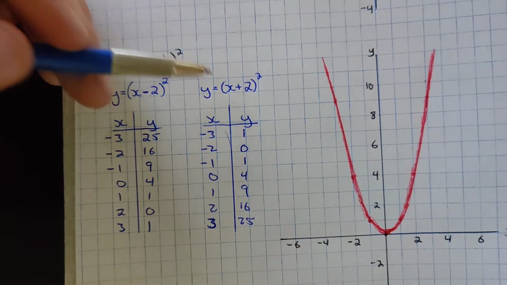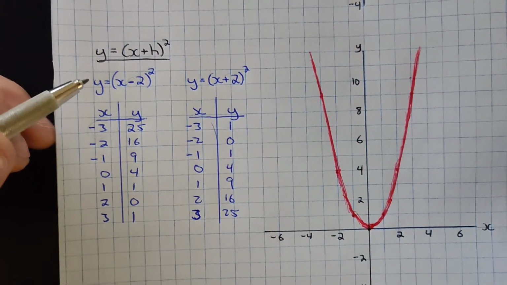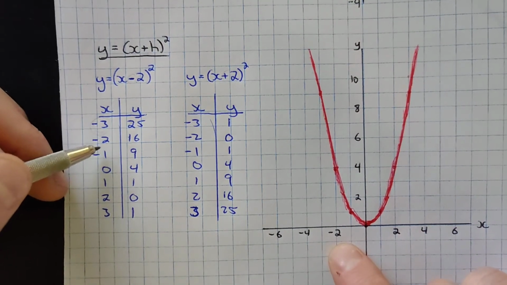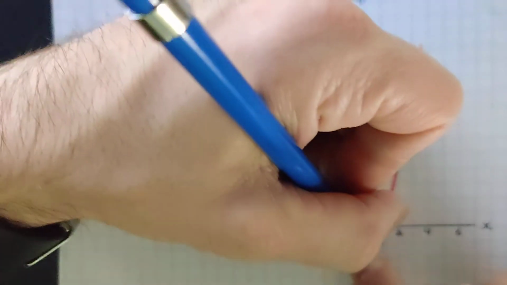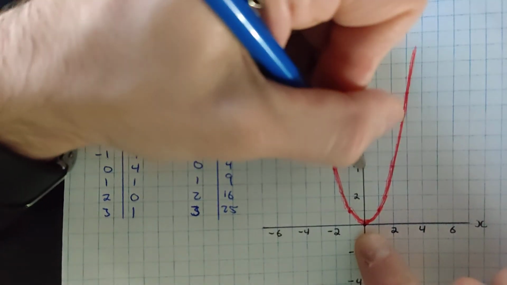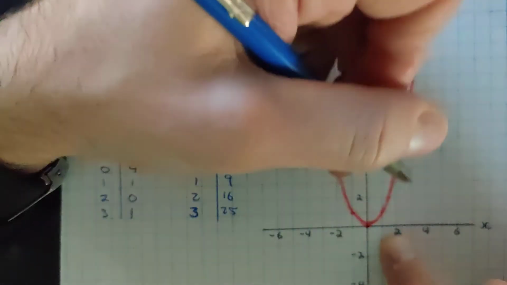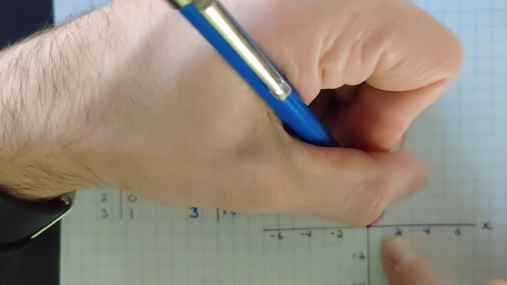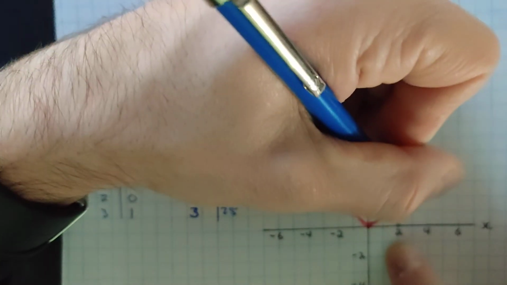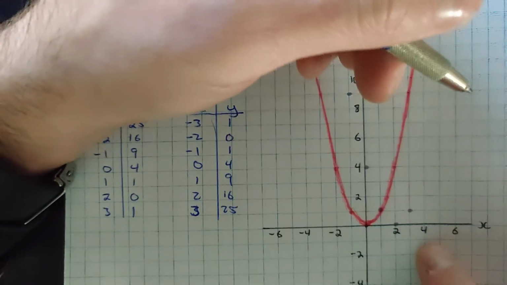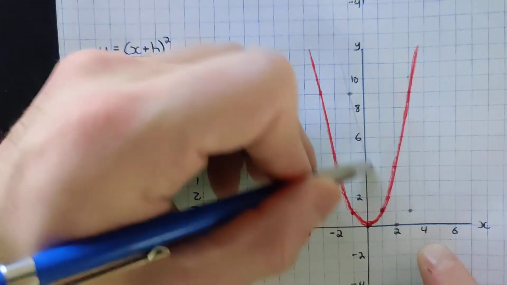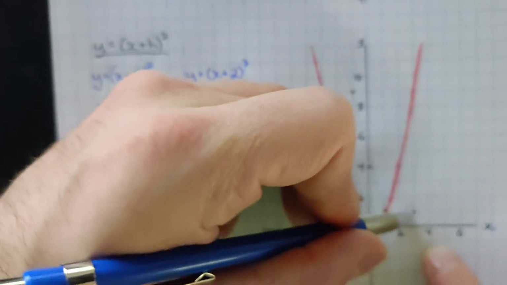So if I go to graph that now, I'll put the points that I can fit on my graph. Can't fit a -3, can't fit a -2. I can fit the -1, -1 and 9, 0 and 4, 1 and 1, 2 and 0, 3 and 1. And you can see what's happening here is the graph is coming down and starting the parabola again.